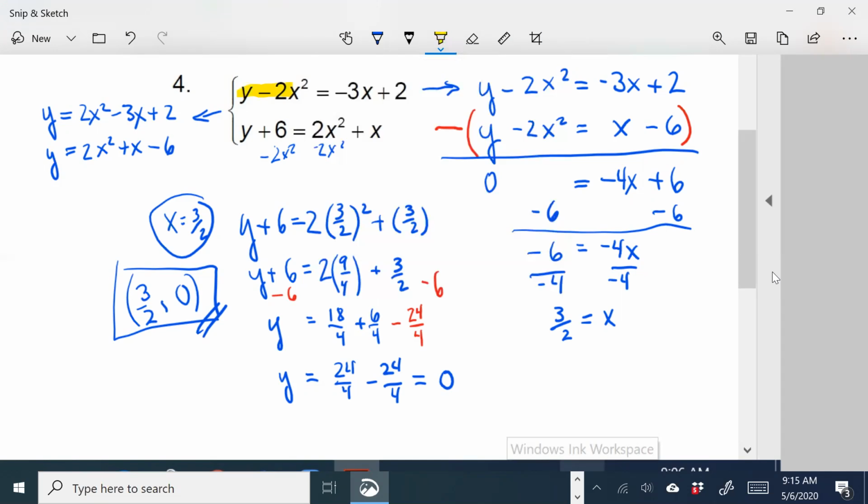y minus 2x squared there, and y minus 2x squared there, that's fine. Minus 3x plus 2, minus 3x plus 2, that's good. Then I took 2x squared and I subtracted it from the left, so that became y minus 2x squared. That's fine too. Subtracting this 6 over here, minus 6, and then I just had x. Okay, so everything there is fine.